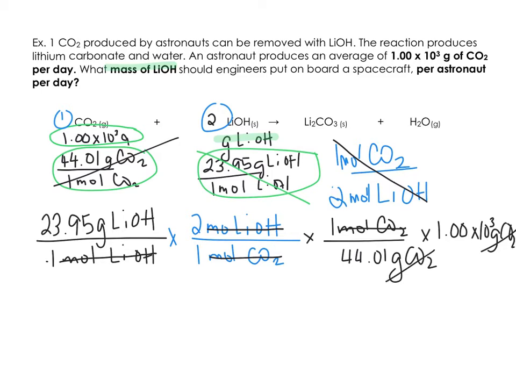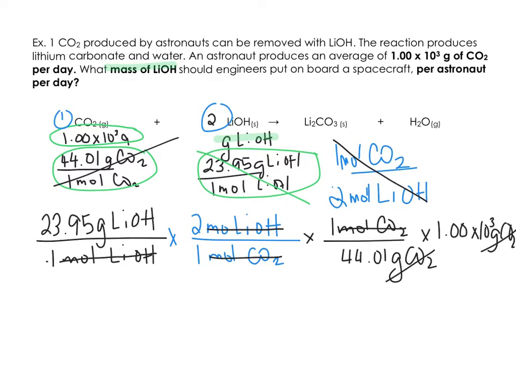So then what you do in your calculator, because we've got multiplication signs in between the ratios, is multiply every number on the top and divide by every number on the bottom.